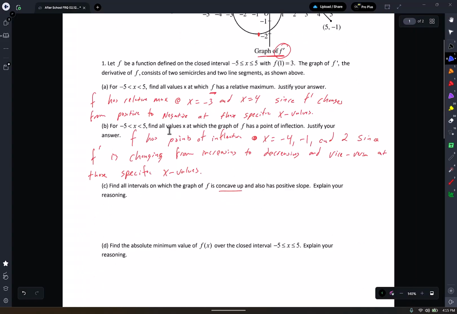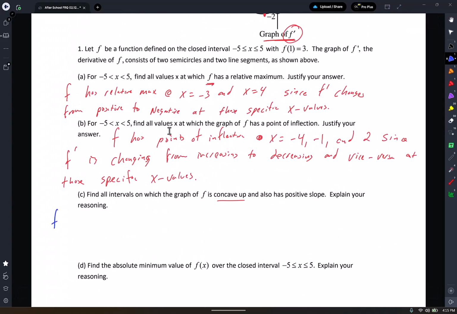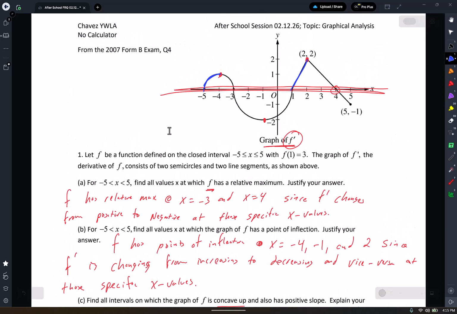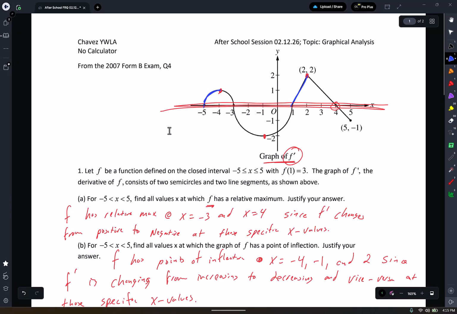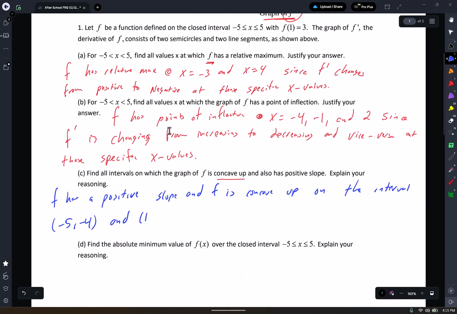So I'm going to say f has a positive slope and f is concave up on the interval, so this interval, guys, is going to be parentheses, no brackets, -5 to -4, and 1 to 2.